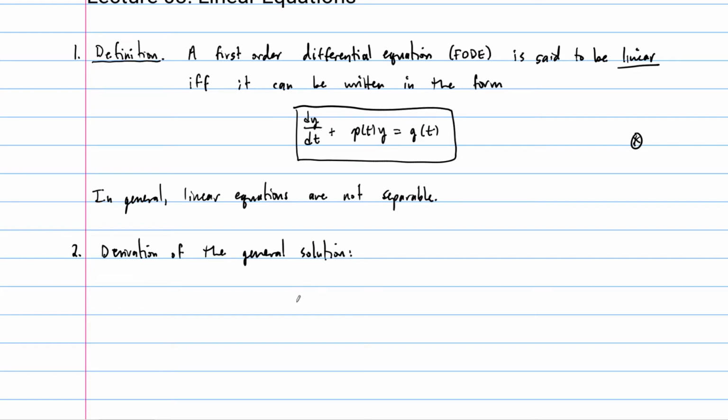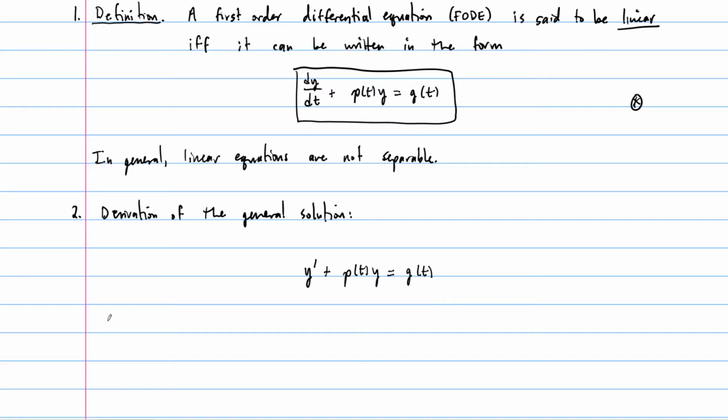Let me write it this way. I'm going to rewrite this as y prime plus p of t times y equals g of t, just for the sake of laziness, so it's easier to write down. Again, it's not separable. We would like to make it separable. So this is our goal, in an ideal world. So can we make this separable?